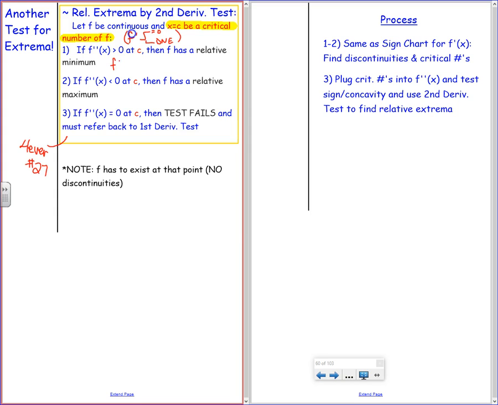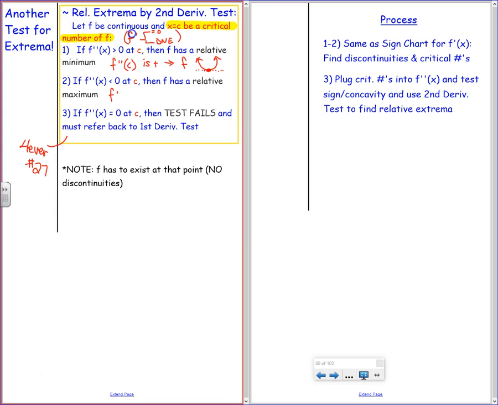And if f double prime of a critical number is positive, greater than 0, I know f is concave up. And if there is a critical number on a concave up graph, that point has to be a relative min.